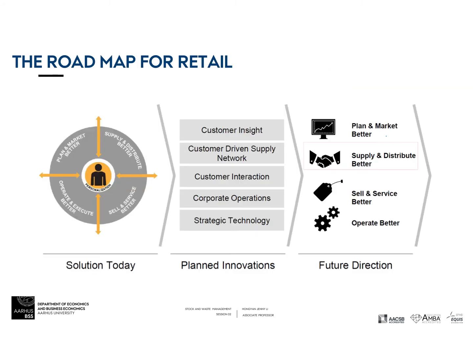So most retailer information systems at the current stage already focus on planning and marketing better, supply and distribution better, selling and service better, and operating better. But you can see the current system is personalization centered. So it mainly depends on the users of the information system to improve the entire system.